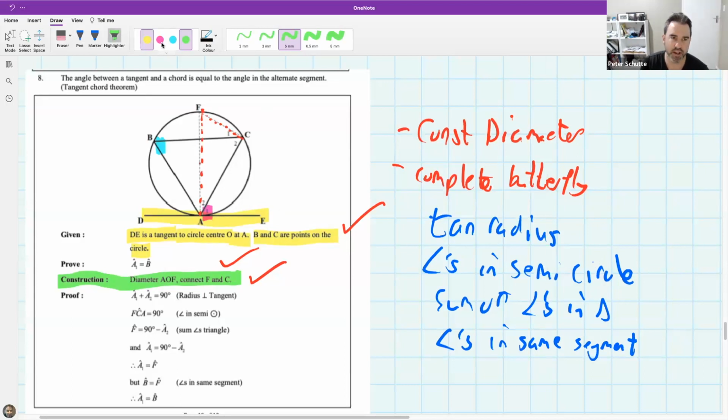So what is step one? Let's go. A1 plus A2 is 90 by the tan radius theorem. So let me even draw it in, these two together. That is going to be 90. Then using the construction that you've done, you know that FCA is 90.